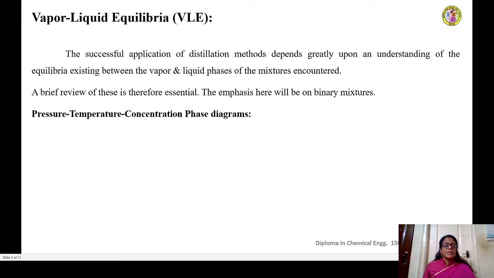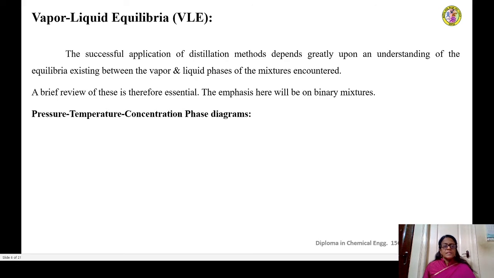Here we come across diagrams called pressure, temperature, concentration phase diagrams. That is, at various pressures, temperatures and concentrations for the given solutions, how the phase diagrams exist for each kind of system.